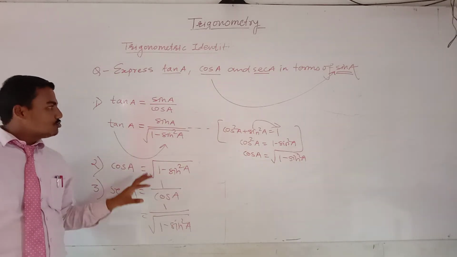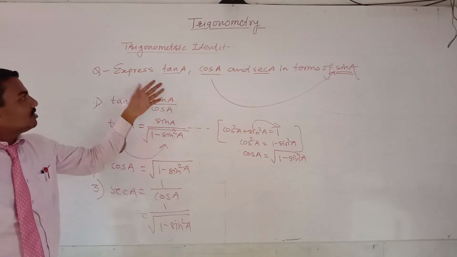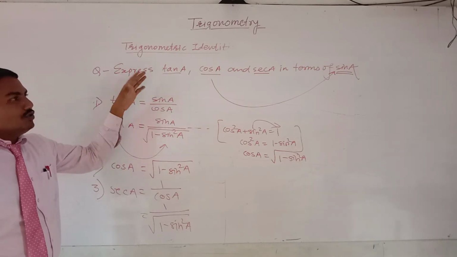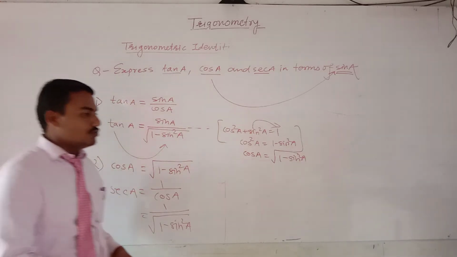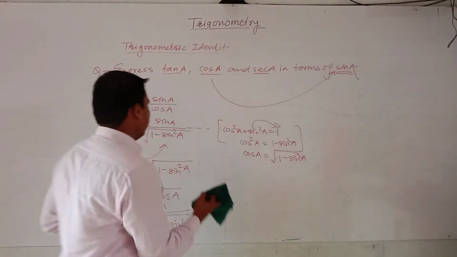Such small expressions we are going to use in larger numericals to show that. Understood? Now we have to see such type of numericals.